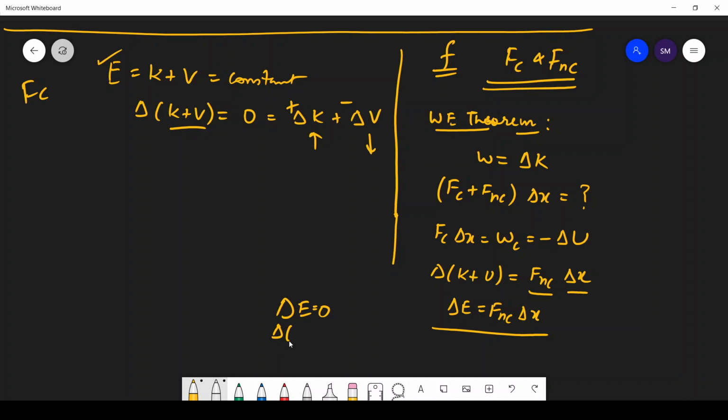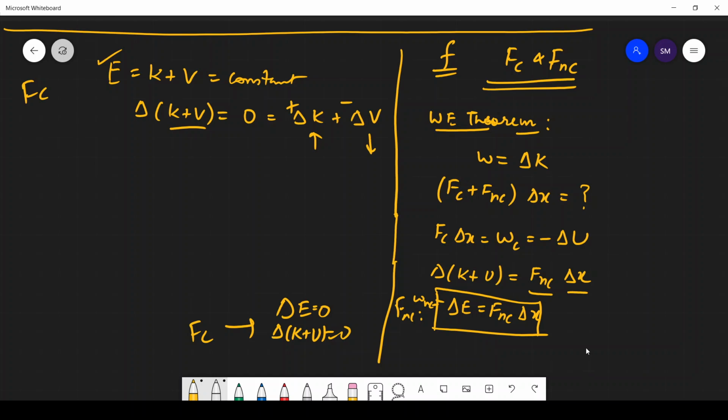What is delta E? Delta E means delta of k plus u. That was 0 for the conservative force, but for the non-conservative force there will be a change in mechanical energy, equal to force into displacement, that is the work done by the non-conservative force. So that's the change in the formula. For non-conservative forces, the work done depends on the path.